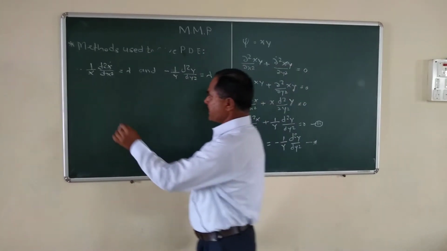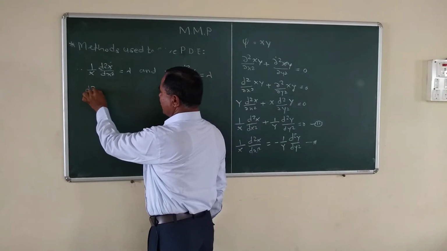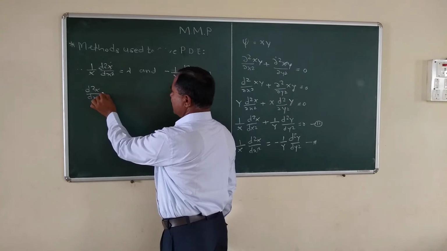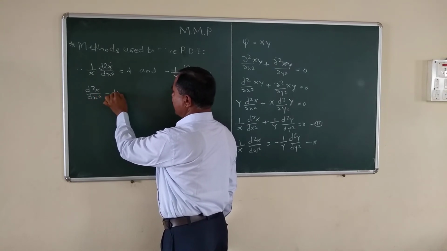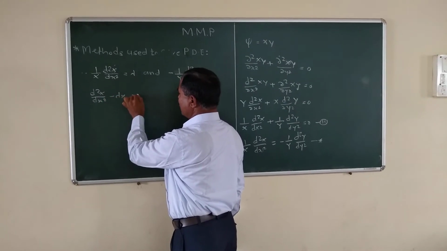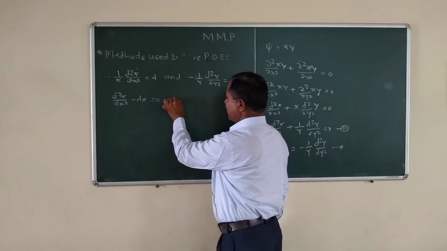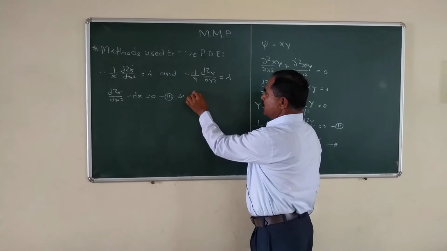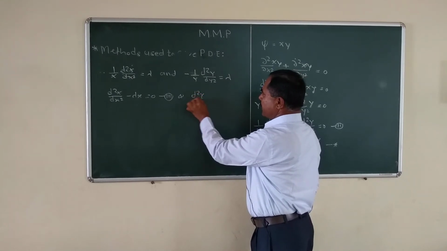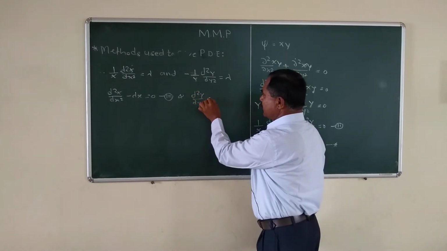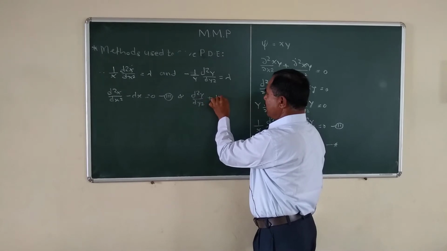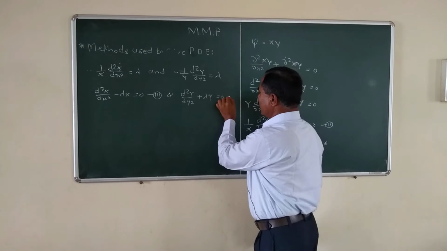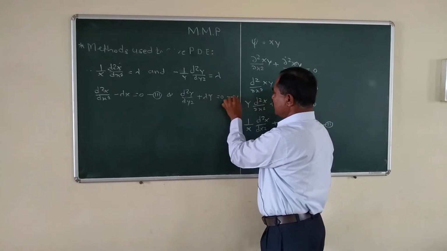So we write this equation as d2X by dx square minus lambda into X equal to 0, equation number 3, and d2Y by dy square plus lambda Y equal to 0, equation number 4.